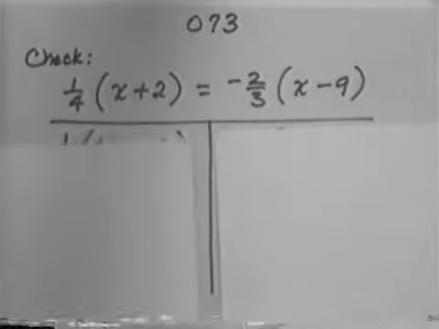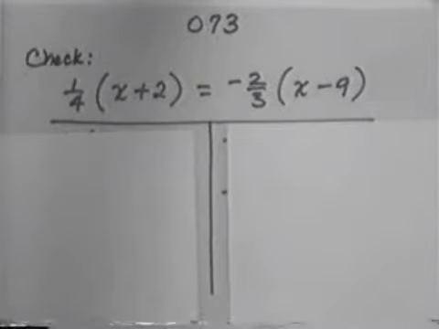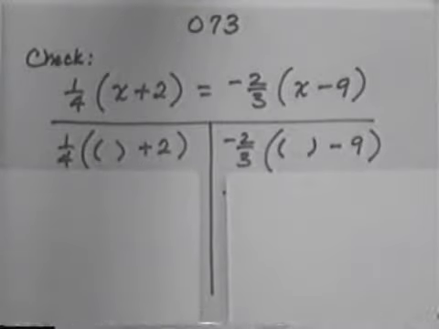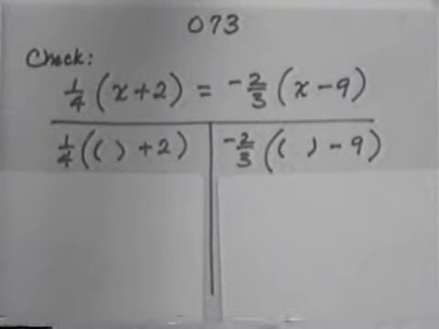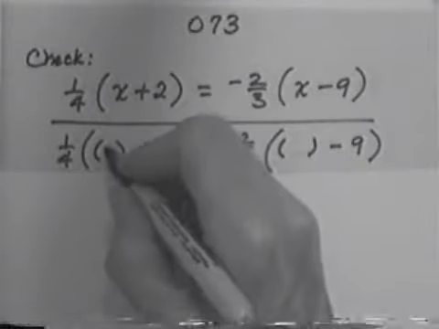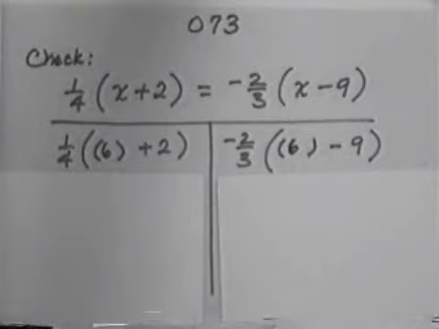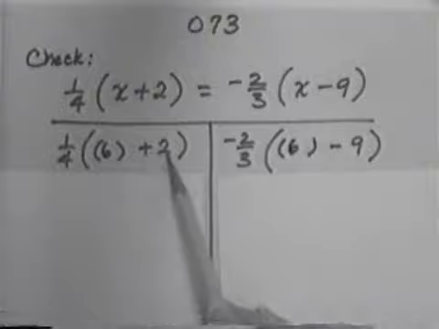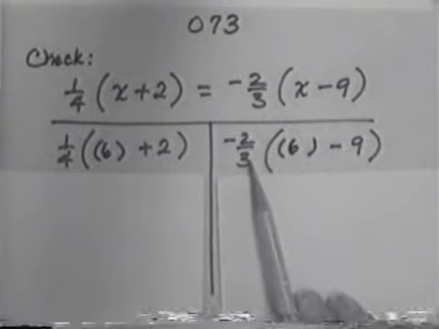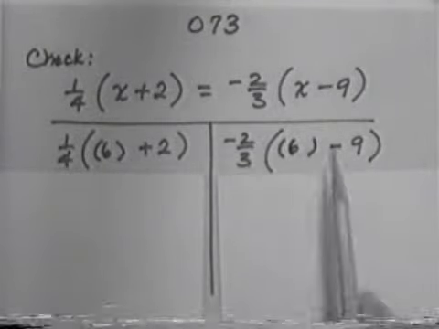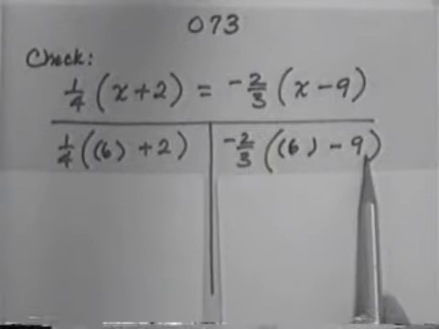We make the T format and we copy the equation, leaving parentheses for the places that the variable sits. In this case, the number we're checking is 6, and so we write in 6 in the parentheses. This gives us on the left 1/4 times, in parentheses, 6 plus 2. On the right, negative 2/3 times, in parentheses, 6 subtract 9.